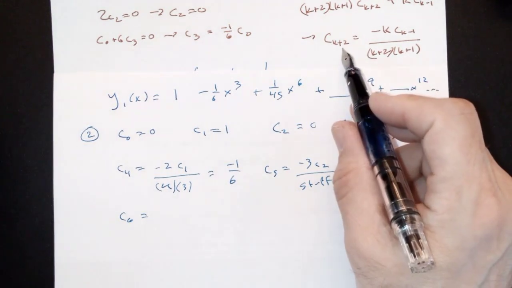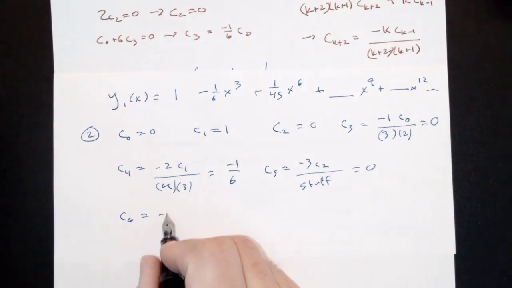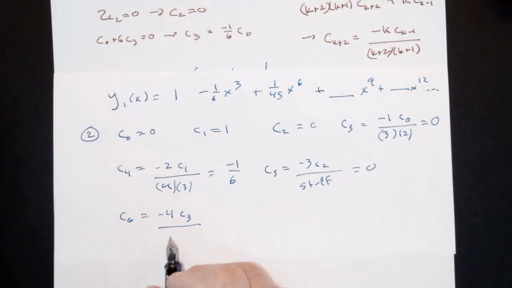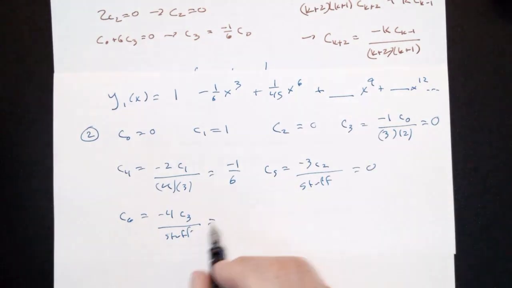If that's 6, then k is 4, so I get -4 C3 over stuff. And the reason I don't care about the stuff is because C3 is 0. Every third, you were right, Cody.